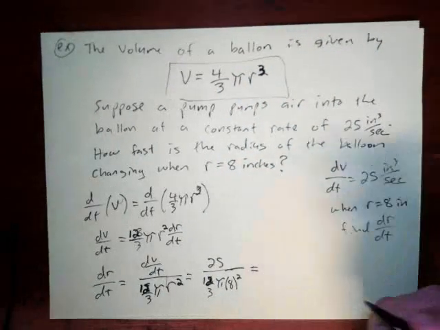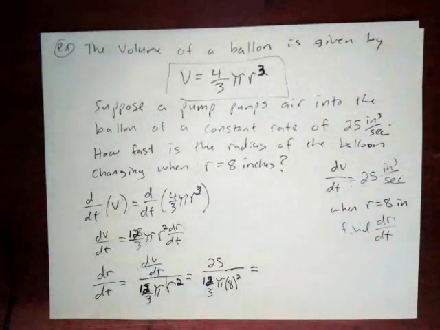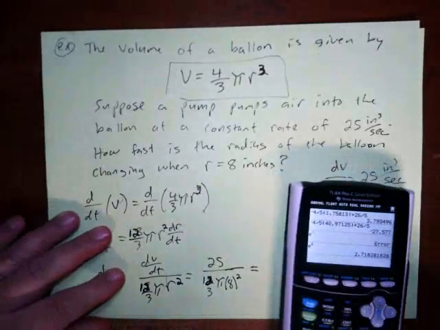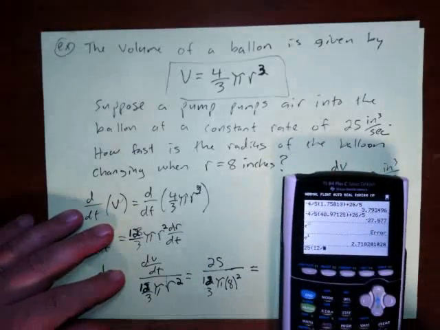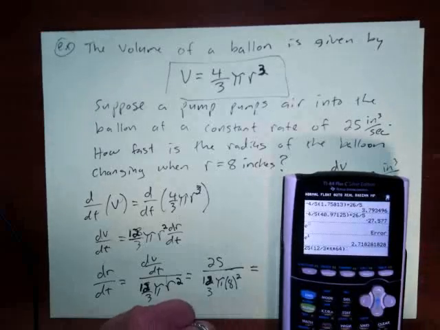But now what I can do is plug this into my calculator and find the rate of change of the radius. So I have 25 divided by 12 divided by 3 times pi times 64, 8 squared. All that's on the bottom.